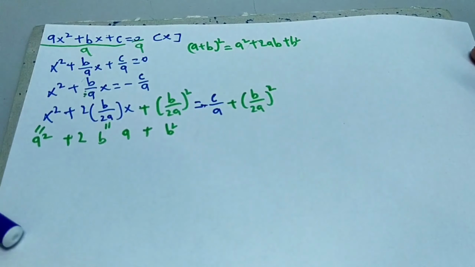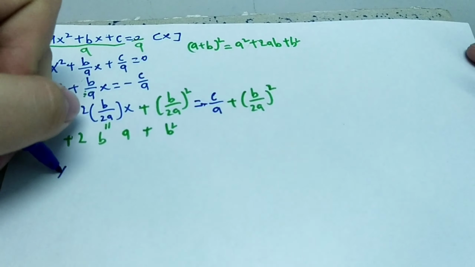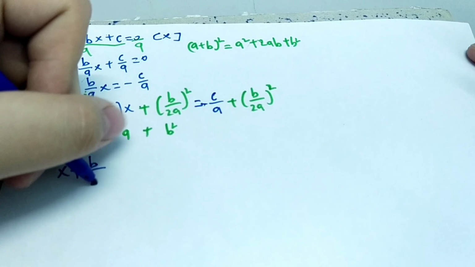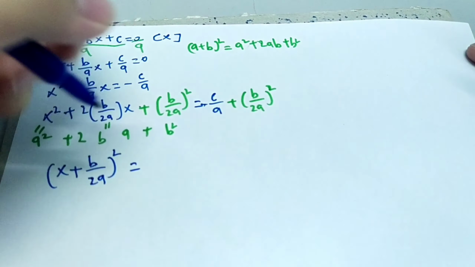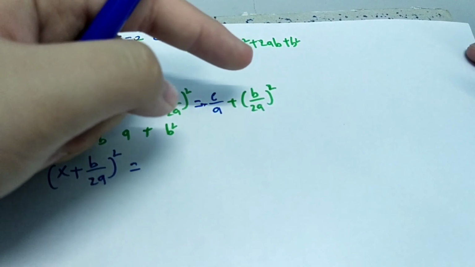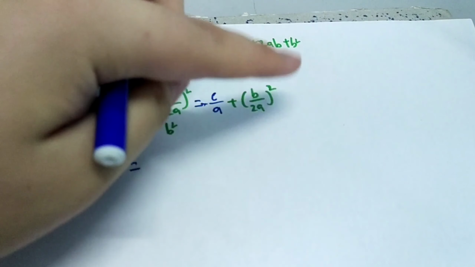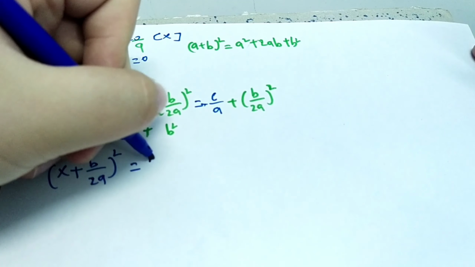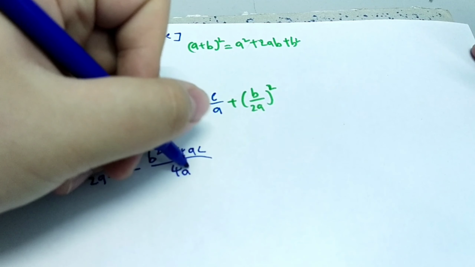So our result is x plus b over 2a squared is equal to b over 2a squared, that's the same as b squared over 4a squared. And then if we group this into a simple fraction, I will have b squared minus 4ac over 4a squared.